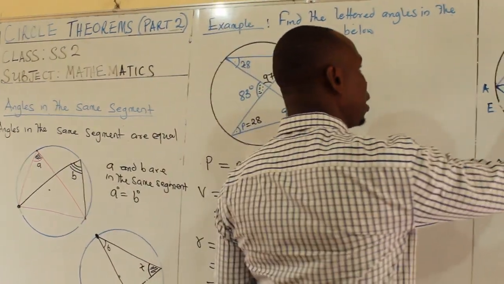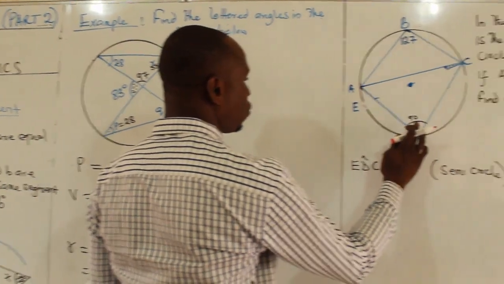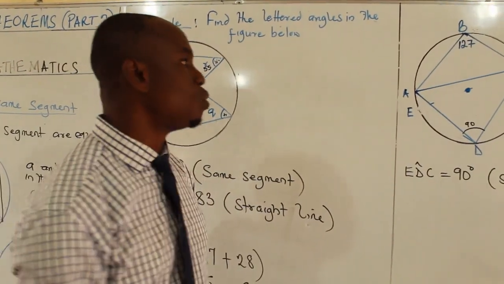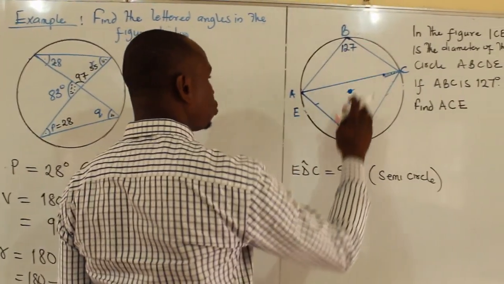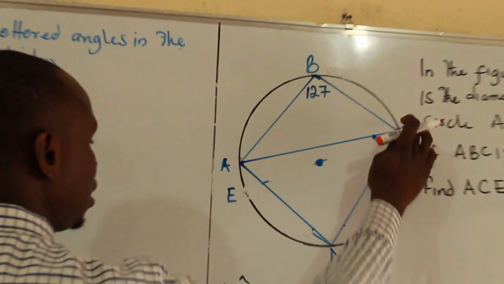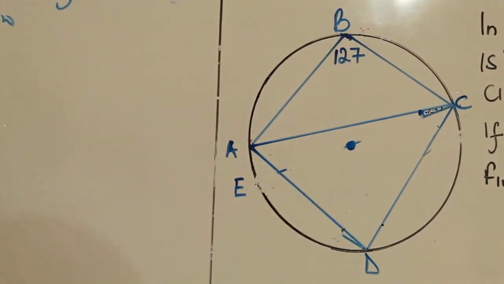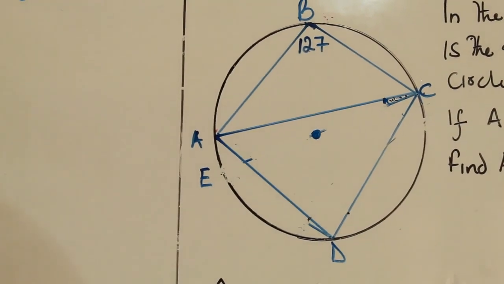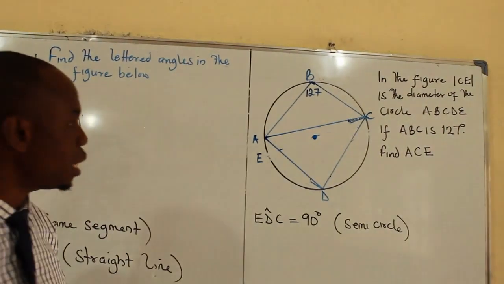So if this part is 127, this part ADC will be gotten by subtracting 127 from 180.